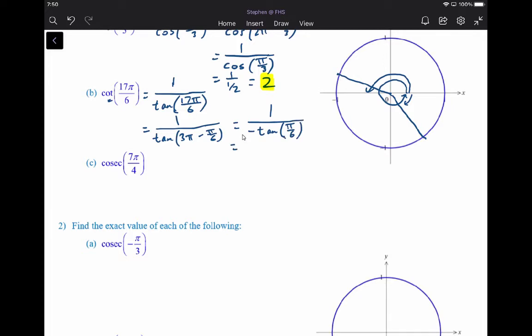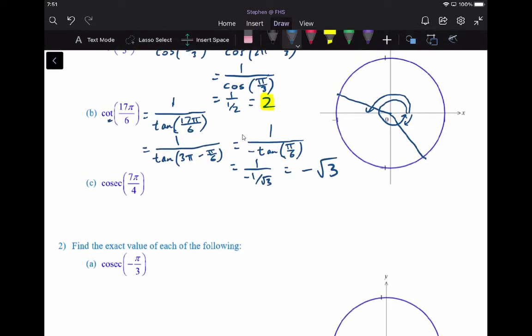Right, so now what we need to do is know what tan of pi on 6 is. Now, tan of pi on 6 is just 1 over root 3. So negative tan pi on 6 is negative 1 on root 3. Of course, flipping that, we end up with negative root 3. And there you go. That is our answer. You can, of course, verify that on the calculator as well. So the answer to cot of 17 pi on 6 is simply negative root 3.